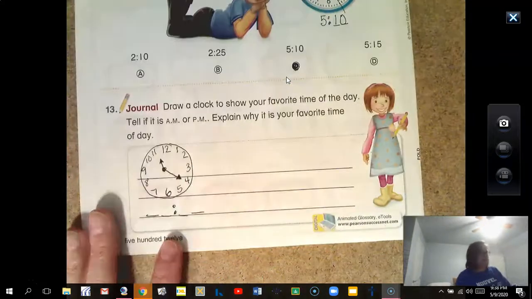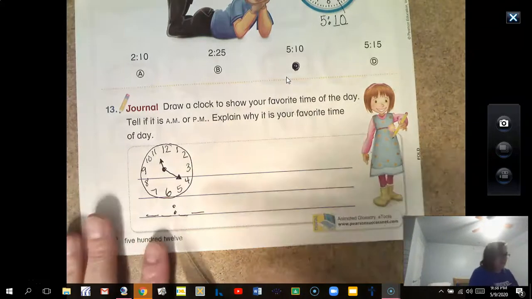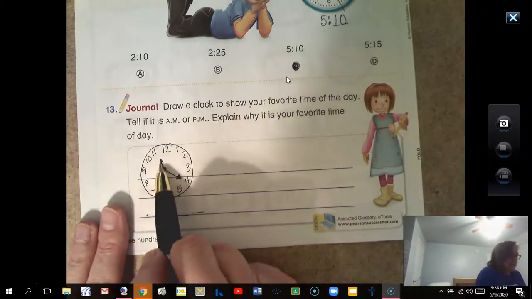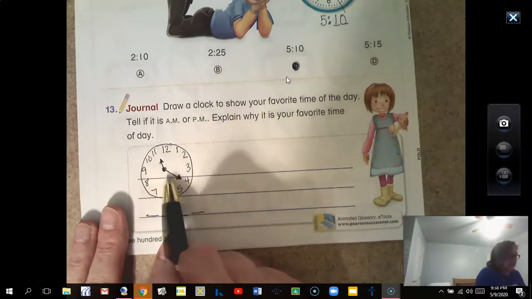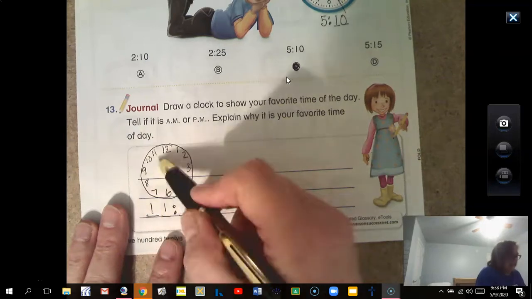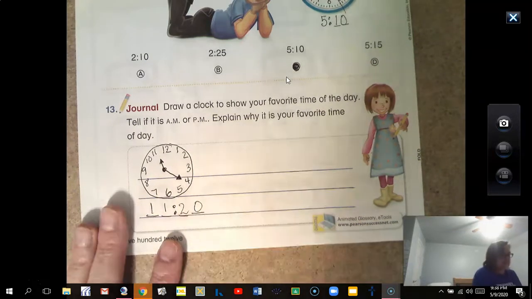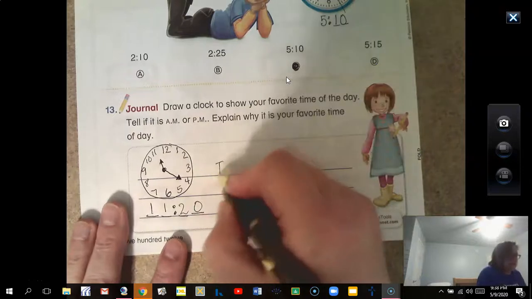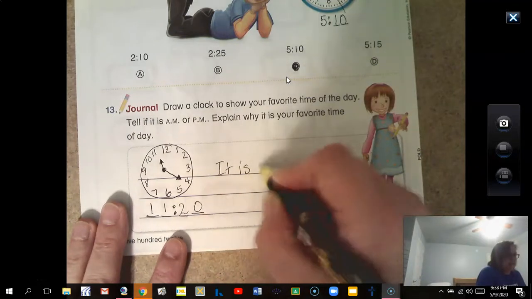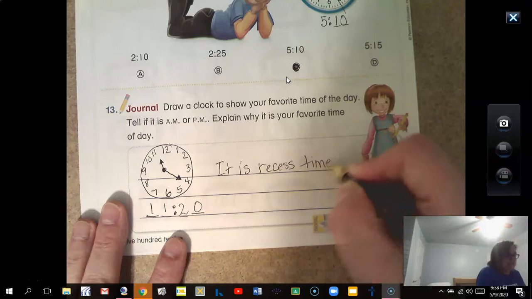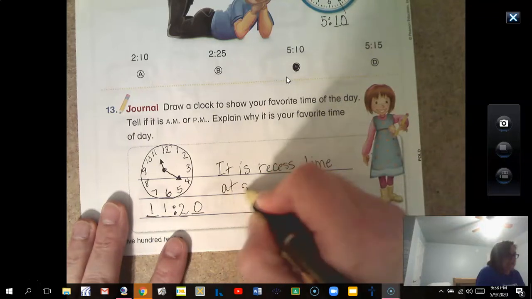Okay, so this is what I'm doing for my clock. I don't want you to copy it though. All right, so 11, because it hasn't reached the 12, 20. It is recess time at school.